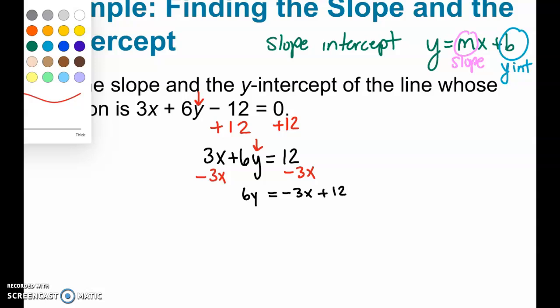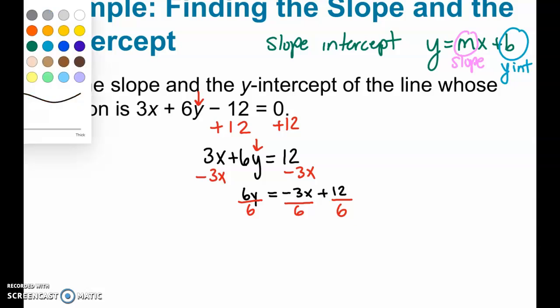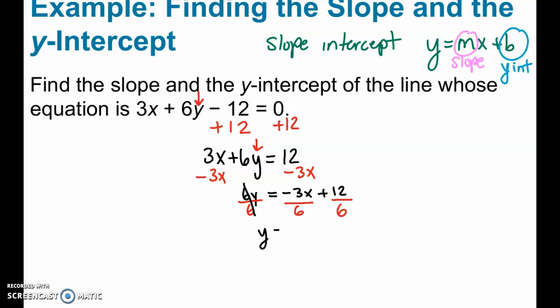Now, I'm almost solved for y, but there is a 6. This is 6 times y, and in order to get rid of the 6, because it's multiplication, I will divide by 6. And that means I divide everything on the left and right side by 6, and I end up with y is equal to negative 1/2 x, simplifying the 3 over 6, and 12 divided by 6 is 2.